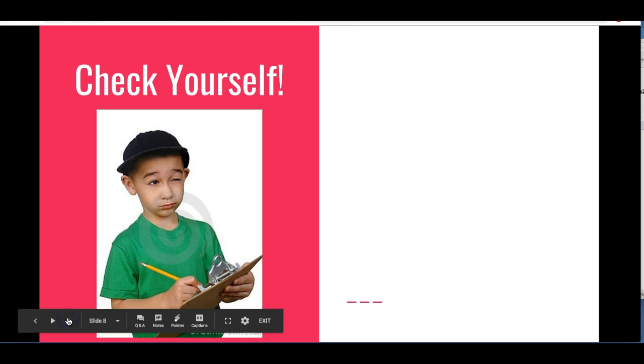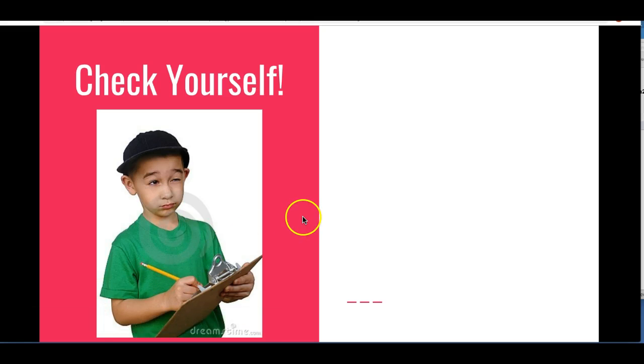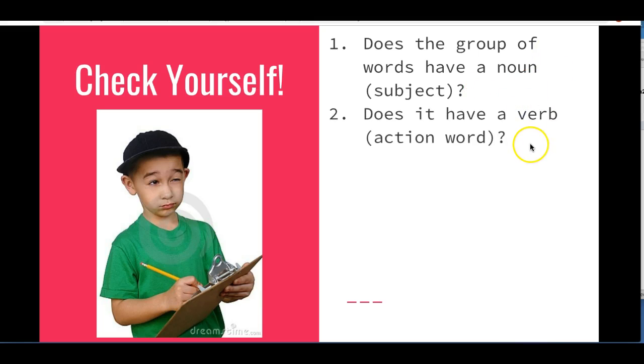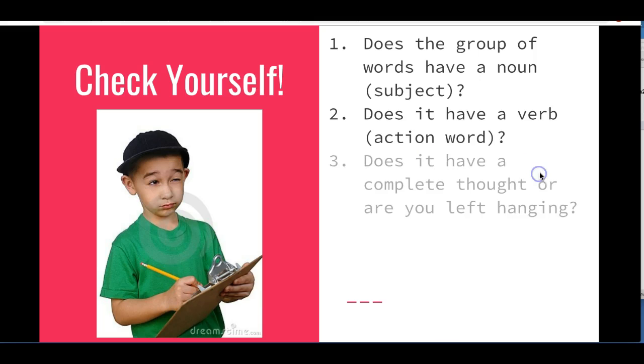Okay, I'm going to give you a checklist here that'll help you remember what to include when you write complete sentences. So, does your response have a noun? Does it have a subject? Two, does it have a verb? That's the action word. They're doing something, okay?